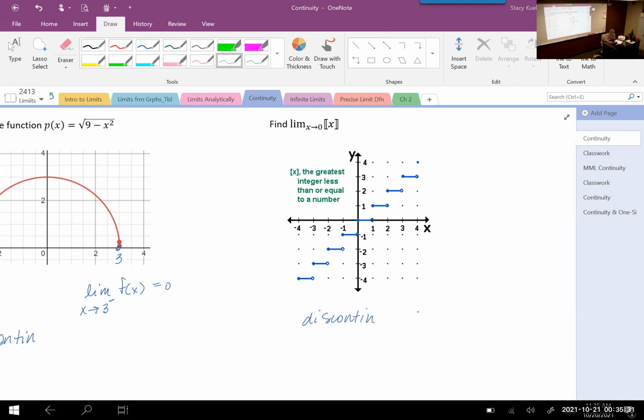We can also look at this with a similar process. If I wanted to say, what is the limit of the function as x approaches 0 from the left? As I get closer and closer to 0 from the left, the function value is getting closer and closer to -1, right?